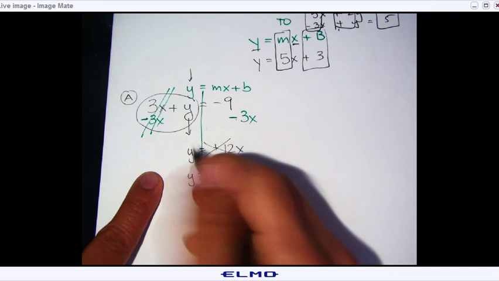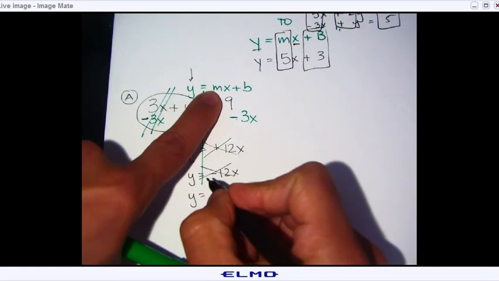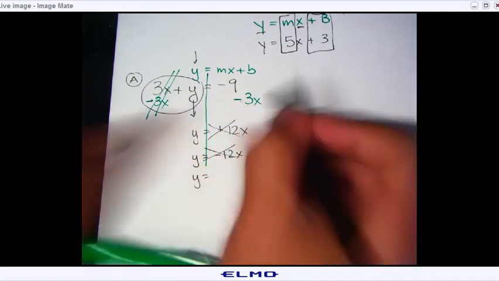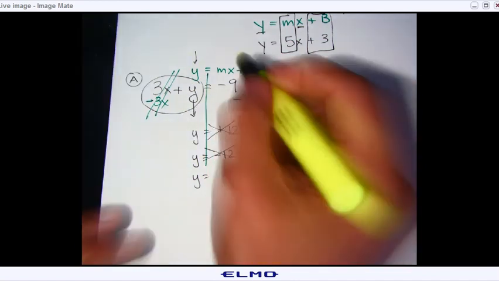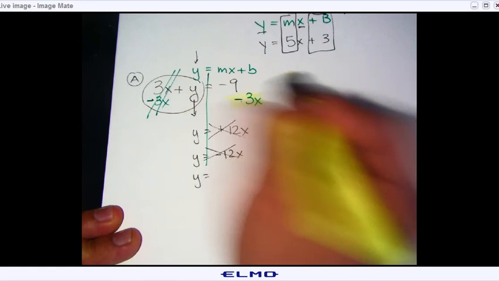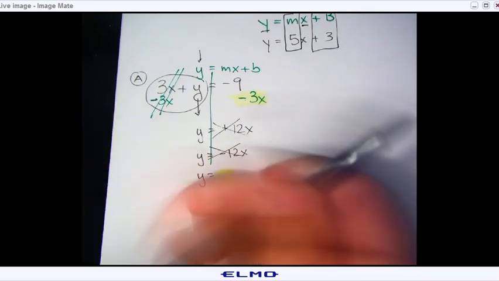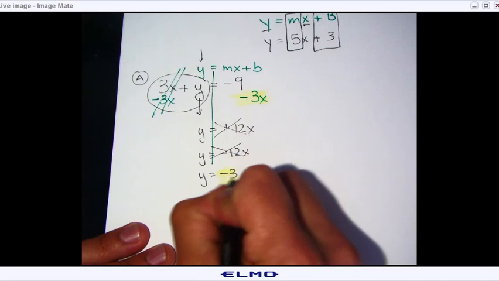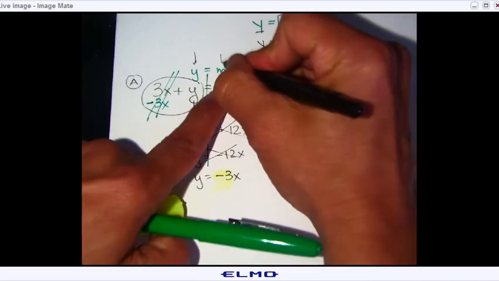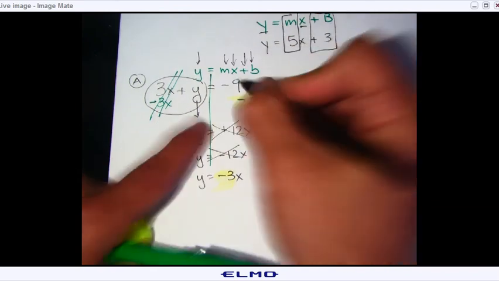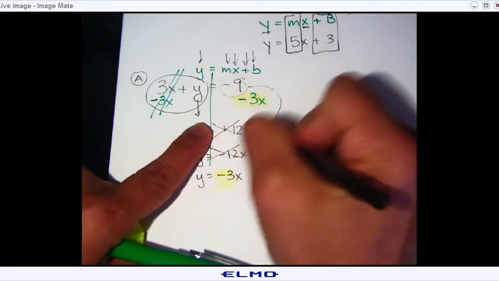So look at your answer. Y equals mx. Which one has mx? Well, this one has mx, so I'm going to write y equals negative 3x. See that? And then what about the b? Well, that's this one, the negative 9.